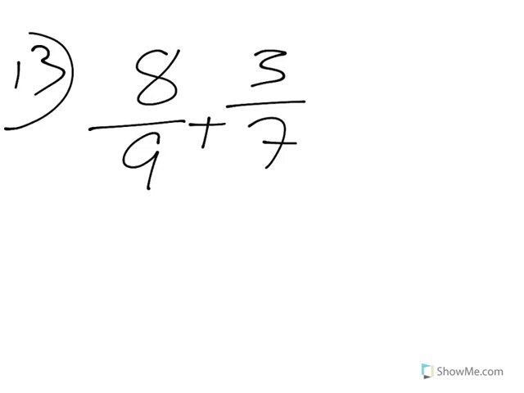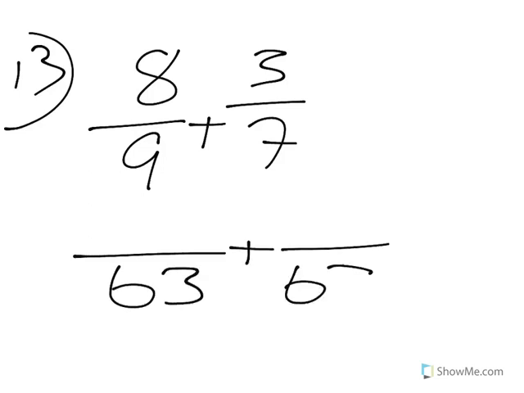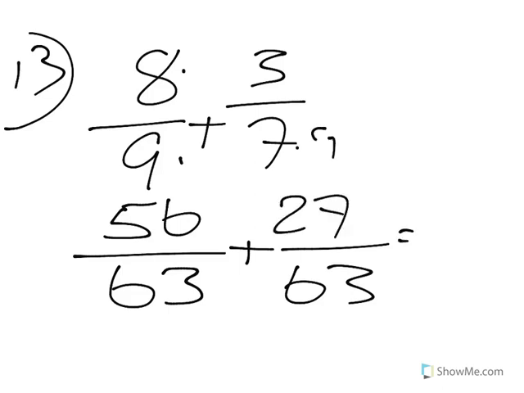On number 13, again, I have unlike denominators. I put it in my sled. I happen to know my least common multiple is 63, so I'm going to find equivalent fractions. So now I'm going to say 9 times 7 is 63, so 8 times 7 is 56. 7 times 9 is 63, so 3 times 9 is 27. Now that I have the same denominator, I can add my numerators.